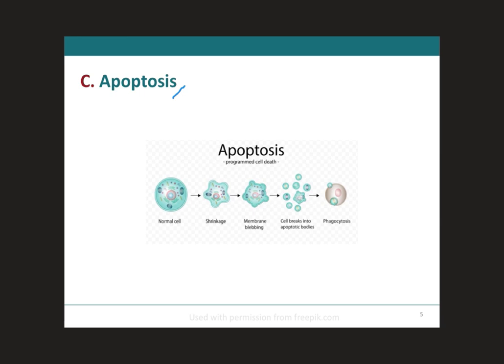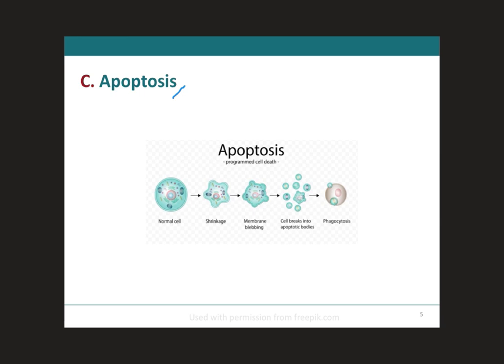However, sometimes there might be either external or internal cues that might lead cells to undergo an uncontrolled process of apoptosis. In other words, even though apoptosis is a normal process, what initiates this process might sometimes not be normal.